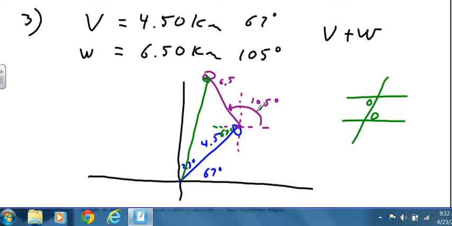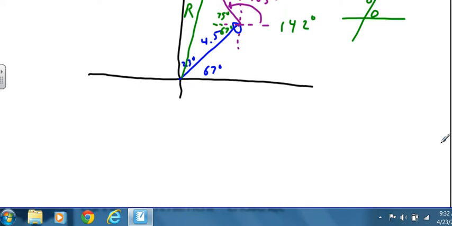And then if this is 105 and the whole thing's 180, then this has to be 75 on this side. And 75 and 67 is 142 degrees.